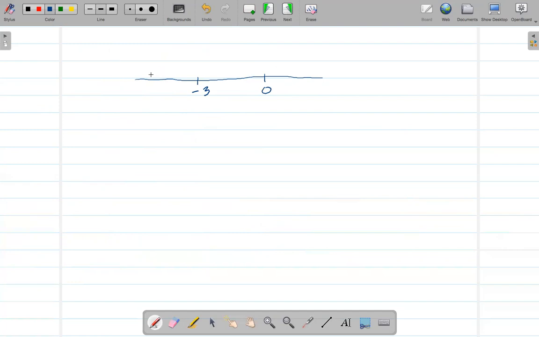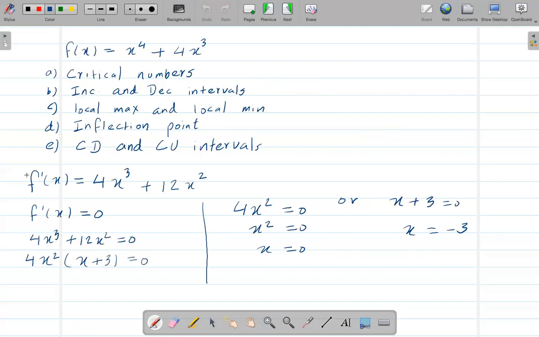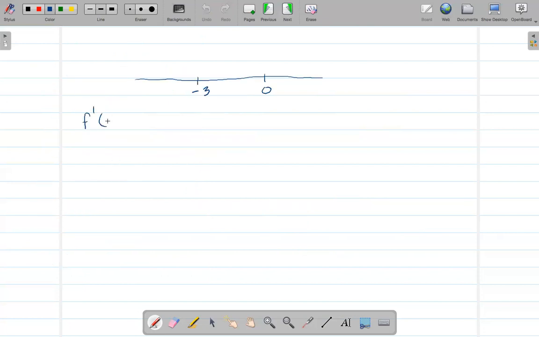So again, take any points in this interval, any points, and plug that into the original equation. Oh, sorry, not the original. Plug that number into this f prime. So f prime was already found here, right? So if you plug that in, let's just pick negative 4.